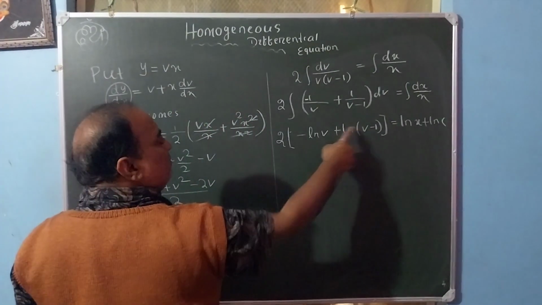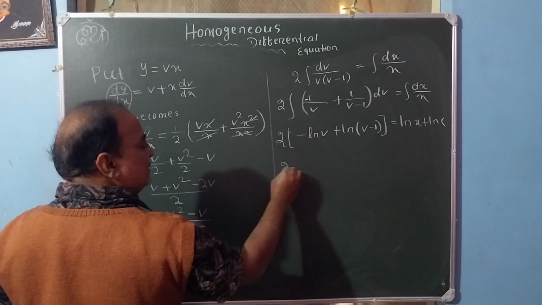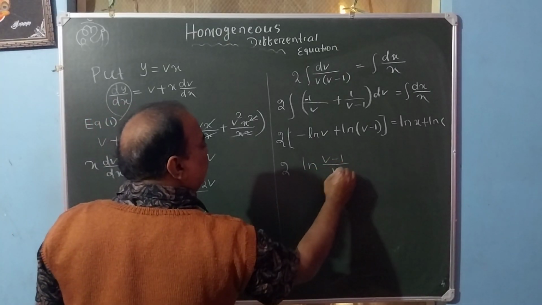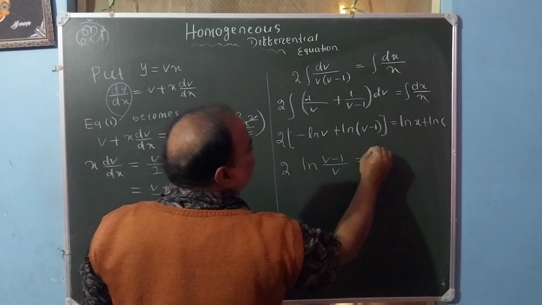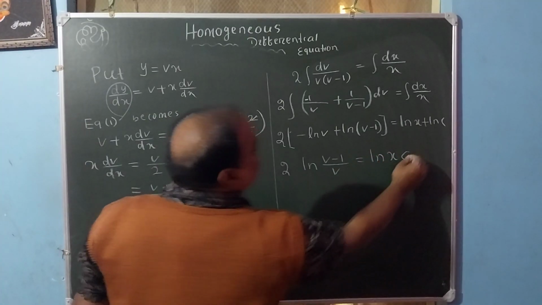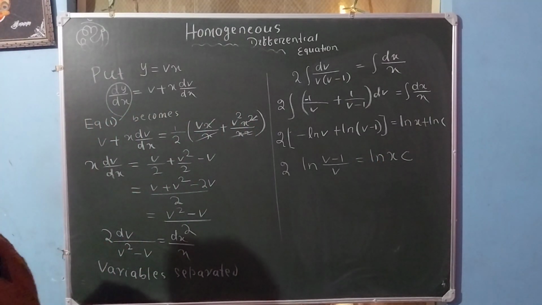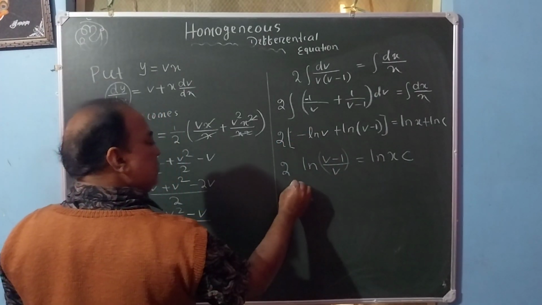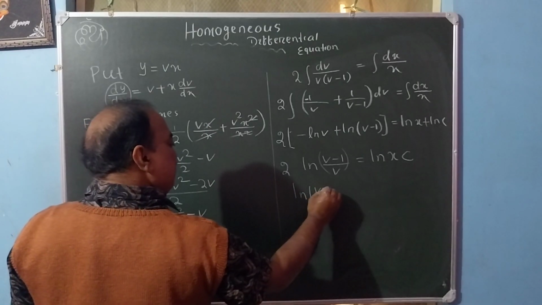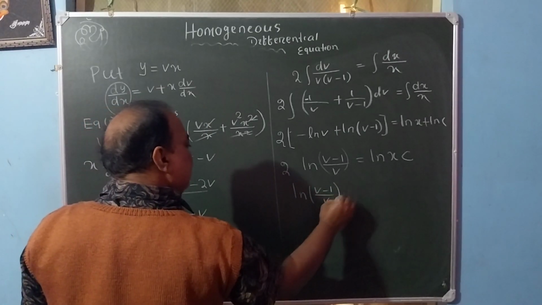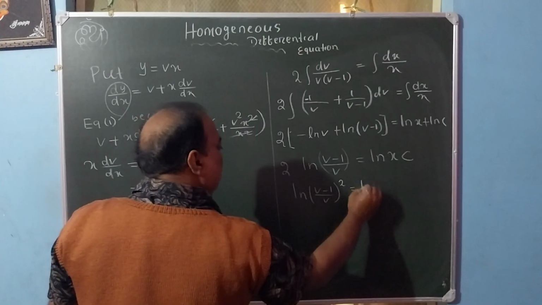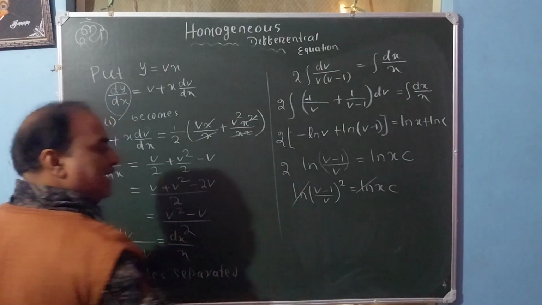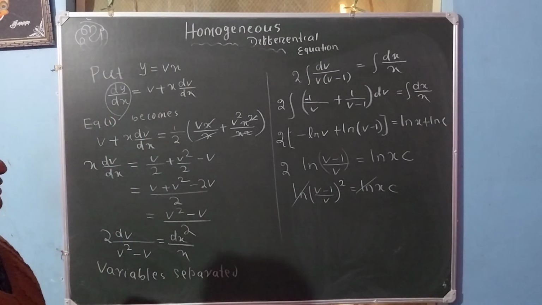Okay, ln a minus ln b, that is ln of v minus 1 by v, here it is ln xc. 2 will be the power of this. So ln of v minus 1 by v to the power 2 is equal to ln xc. So taking anti-logarithm, ln cancelled on both sides.